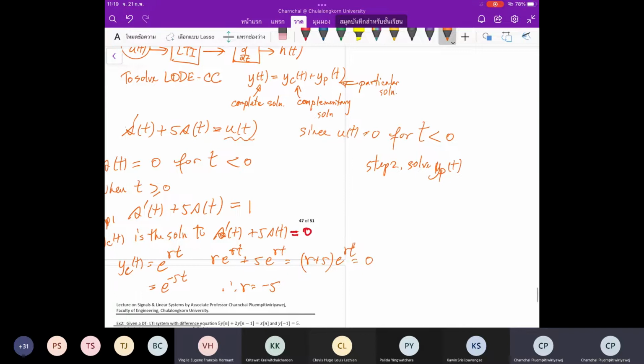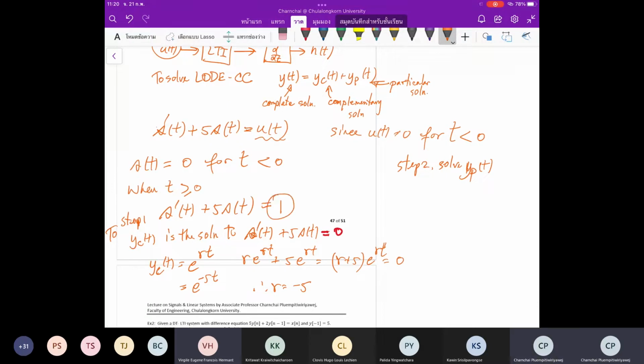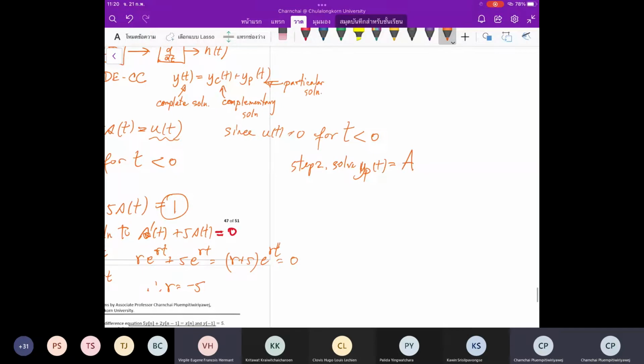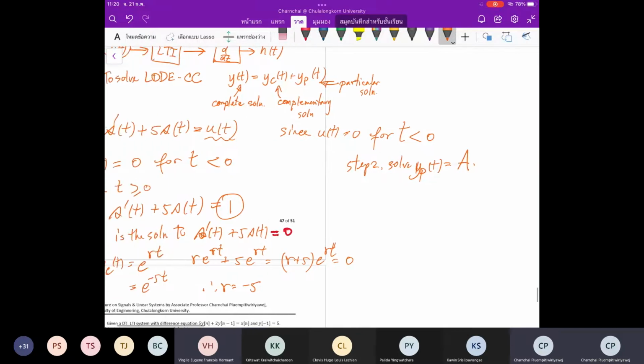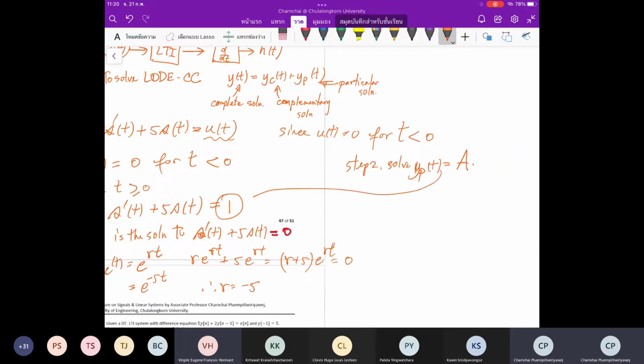Remember, since this is a constant, we assume yp to be another constant a, and substitute it back into the original equation with this equal to 1. So we're going to have 0 plus 5a equals 1. So a is 1 over 5.